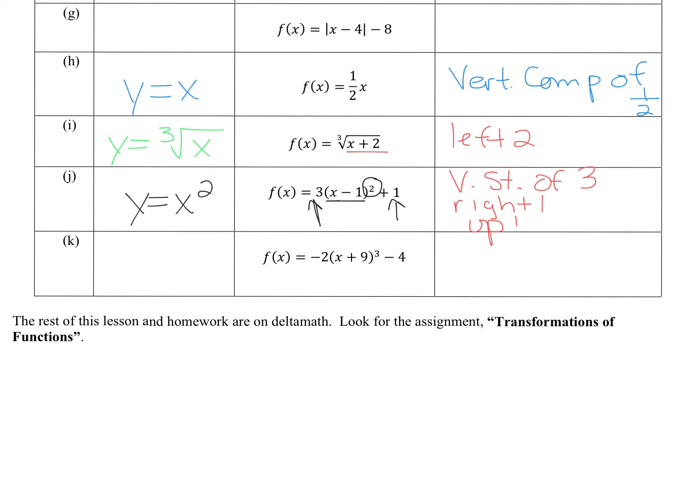The next one also has a lot going on, but I see my x cubed, which I know makes a specific type of graph, it's a specific shape, so that's my parent function. I'm going to start from the outside. I really actually have 4 things going on here. So the first 2 are kind of interchangeable because they're in the same spot. So the negative sign in the front of a function is going to make it reflect in the x-axis.